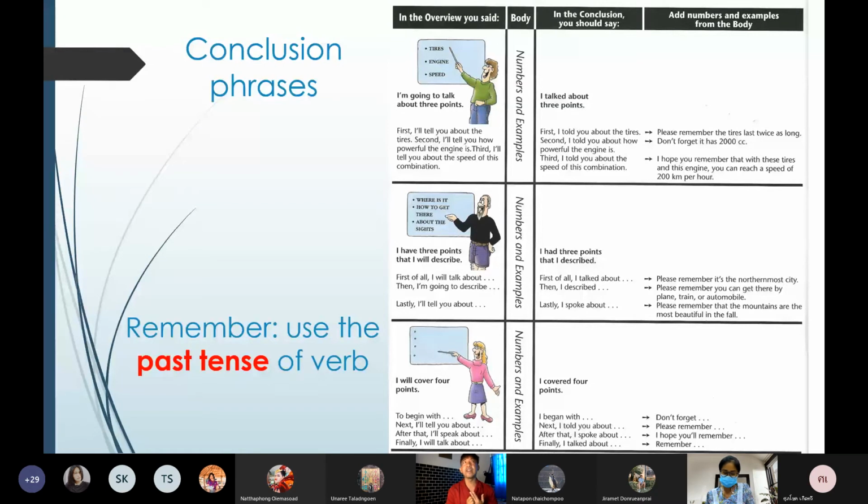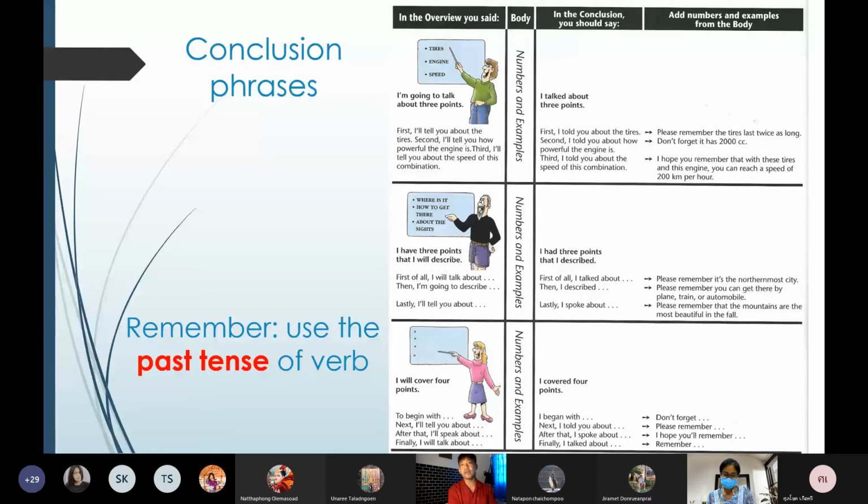Second, I told you about its clean environment. Don't forget, it has a lot of trees. Third, I told you about the small family life as its nature. You could ask somebody in the university for advice, like a family.